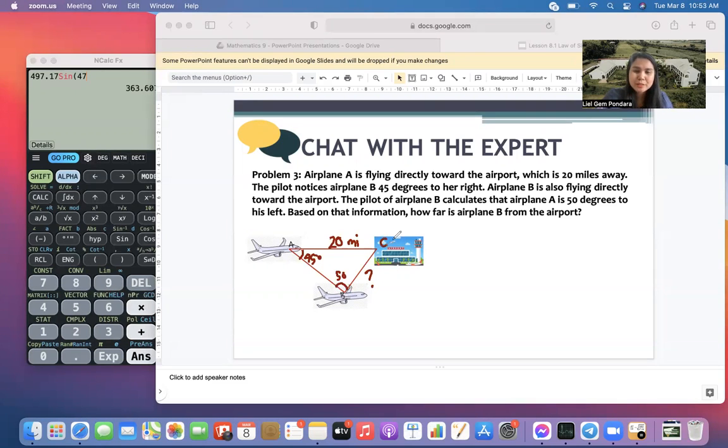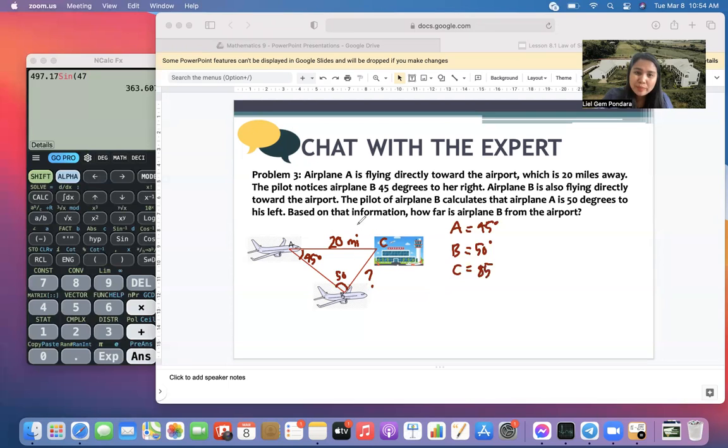Let's name them first. What's the given in the angles? What's the measure of angle A? 45. What's the measure of angle B? 50. Very good. What's the measure of angle C? 85.